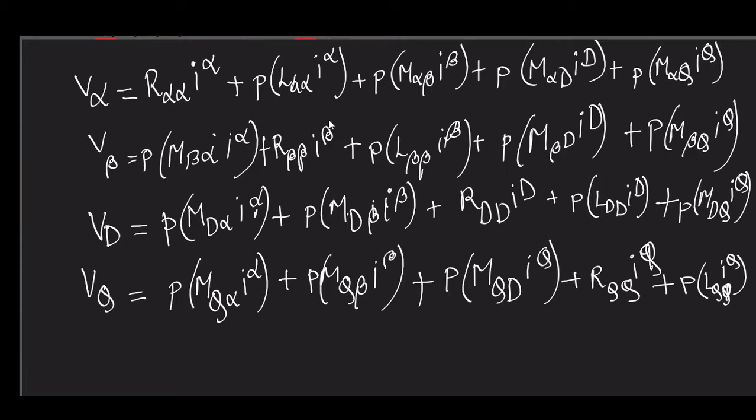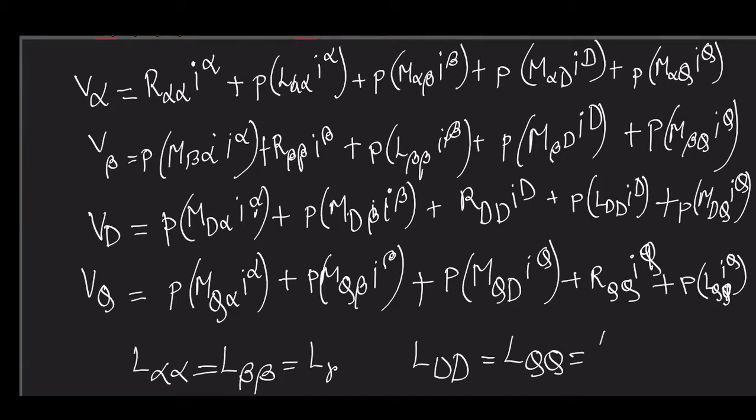So in case of balanced windings, both phases will be constant, like L alpha alpha is equal to L beta beta is equal to L R, and L D D is equal to L Q Q is equal to L S, right?